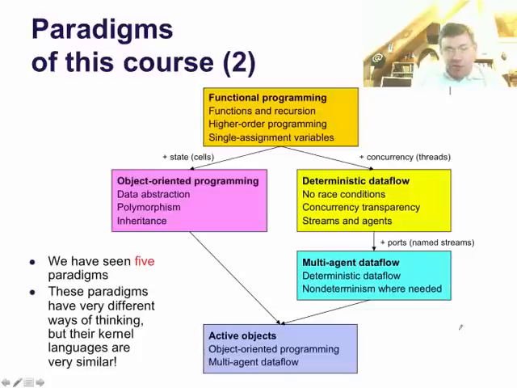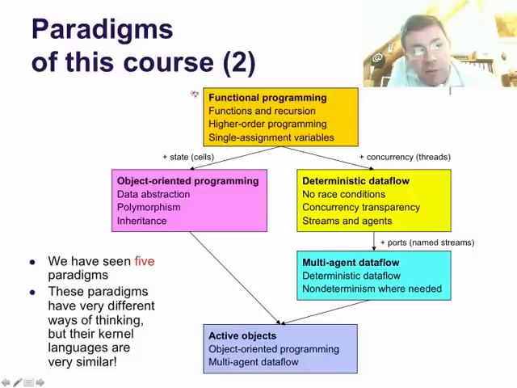Okay? So we saw 5 paradigms in this course, and we started by the first paradigm, which is functional programming. We talked about this in lessons 1 through 5. In fact, a substantial part of the beginning of the course was devoted to functional programming. So why is this? Well, it's not just because functional programming is an important paradigm.